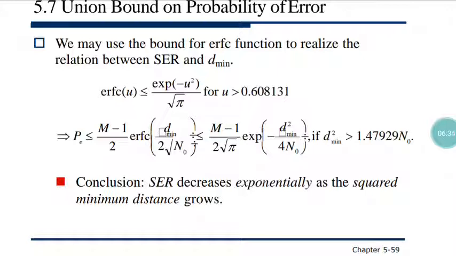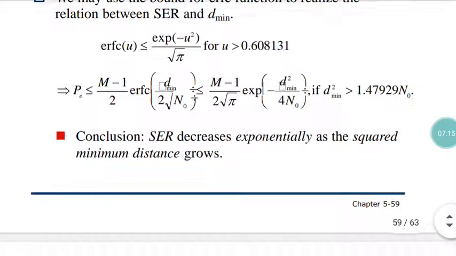Now Pe must be less than or equal to (M − 1)/2 times ERFC of d min by 2√n0, so here (M − 1)/2 times e^(−d²/4n0) appears. Therefore d² is 1.47929 n0. What conclusion can we draw from this? That the error rate decreases exponentially as the squared minimum distance grows.